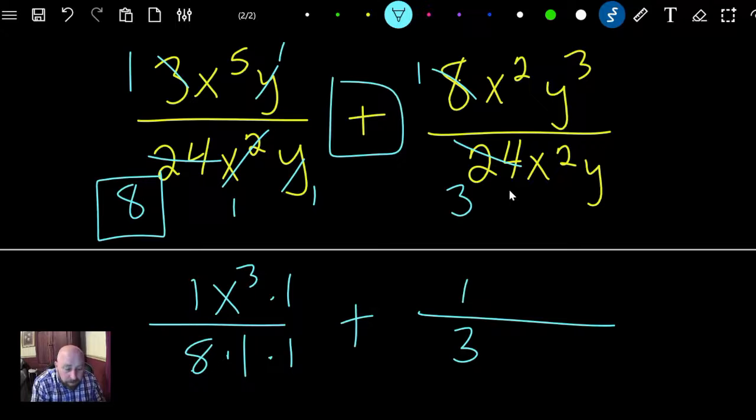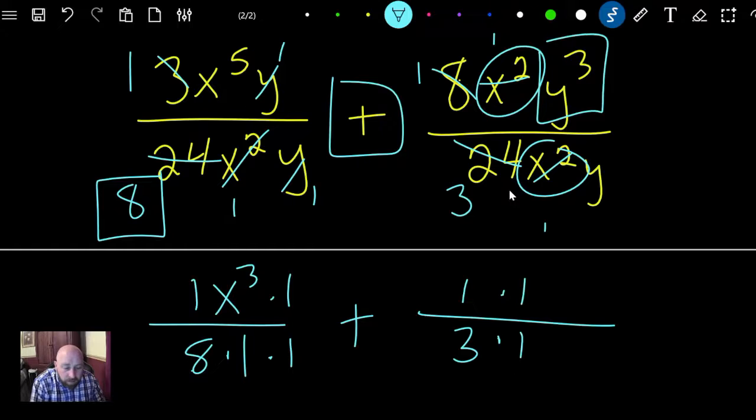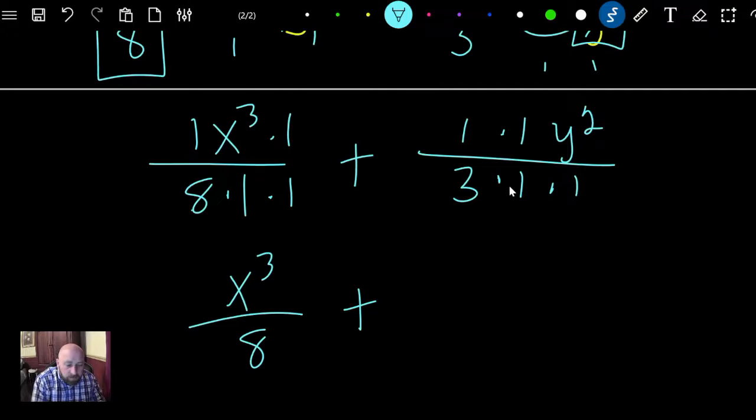So that's a 1 up there. Notice we have an x squared and an x squared. That's going to give us a 1 and a 1. That's just going to kind of cancel out to 1 and a 1. And then we have our y cubed and our y to the first power. So subtract there. And we're going to get y squared up top. And we're going to cancel to a 1. So times 1. So now go ahead and just multiply that out. 1 times y squared gives us y squared. 3 times 1 gives us 3.